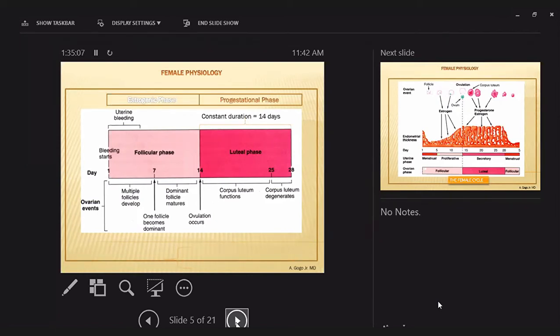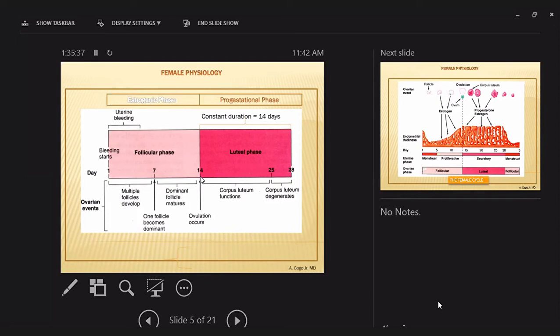Now, the events that take place in the ovary. The cycle, since it is cyclic, the 28-day cycle, the normal is a 28-day cycle from day 1 to day 28.